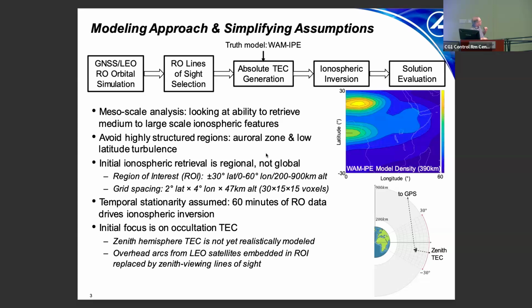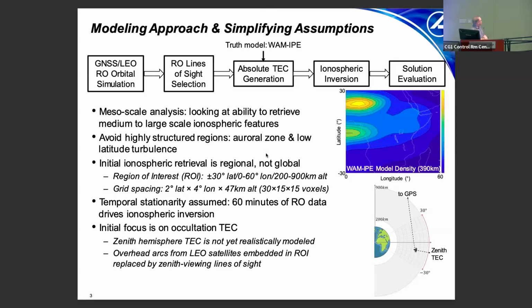We're not looking at the entire globe, we're looking at a region of interest. I'll talk about that a little more in the next slide, but basically it's a 30-degree half-angle cone in latitude and longitude, and a 200 to 900 kilometer altitude region that covers the bulk of the F region peak. You can see the grid spacing we're using: 2 by 4 degrees, and in altitude 47 kilometers, relatively coarse.